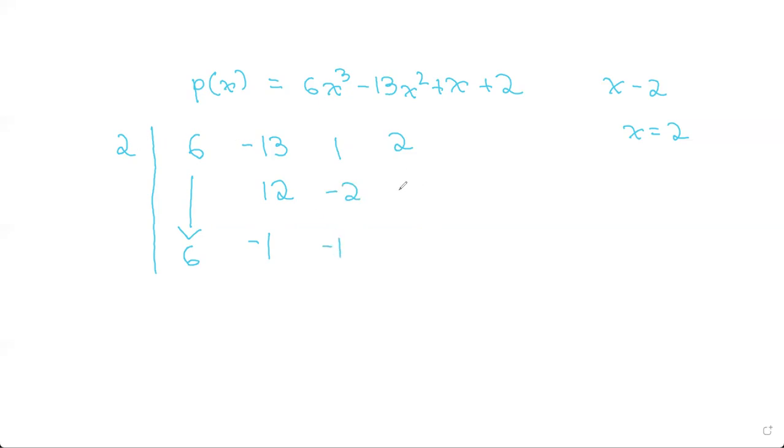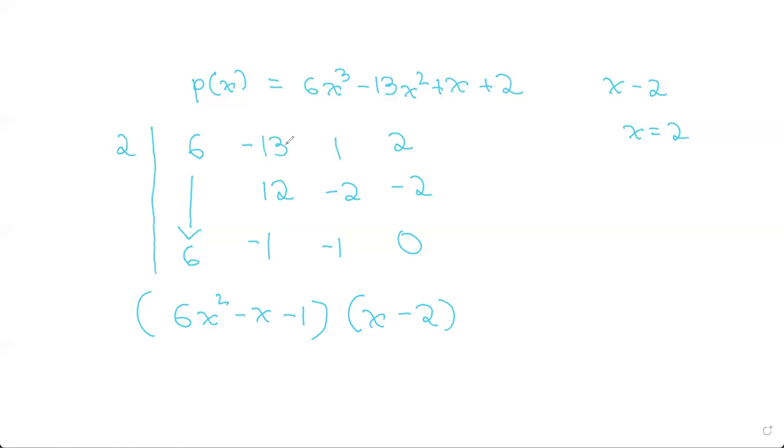And minus 1 into 2 is minus 2. And the answer is 0. Hence, this is correct. So 6x squared minus x minus 1 into x minus 2 is the answer. So this is the cubic polynomial as a product of a quadratic polynomial and a linear polynomial. So this is the question done.